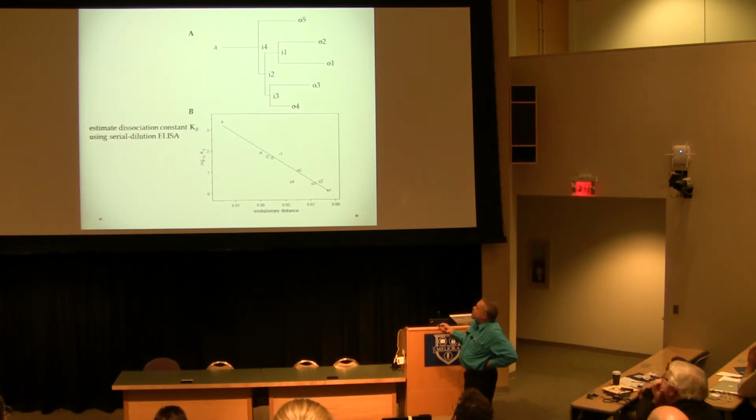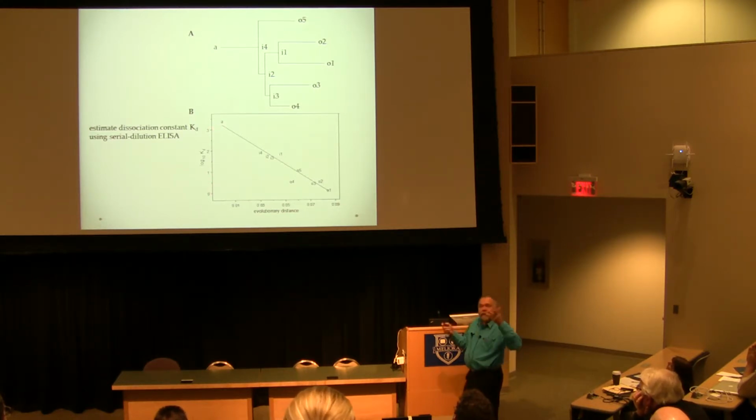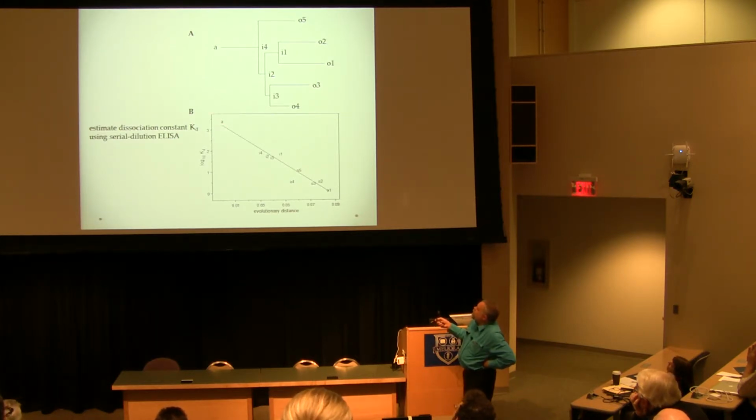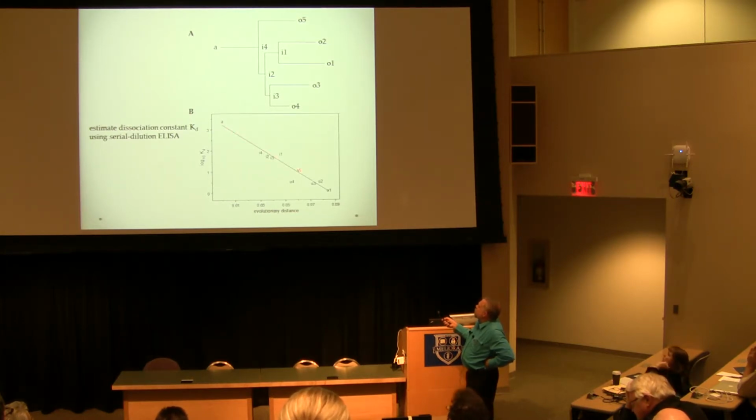And this is the log base 10 of the dissociation constant. That's the inverse of the affinity. And so the ancestor starts up here. This is actually about 1 micromolar. And the dissociation constant then decreases quite uniformly over evolutionary distance.